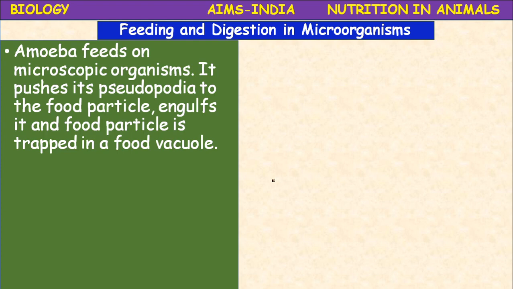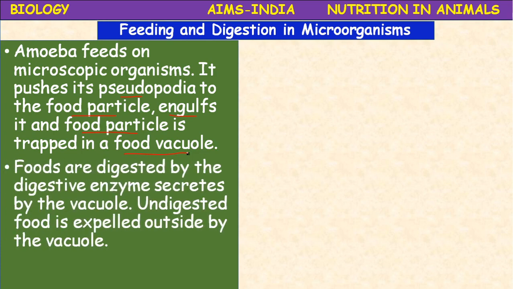It pushes its pseudopodia to the food particle, we call it prey, and engulfs it, and the food particle is trapped in a vacuole called food vacuole. The food is digested by the digestive enzymes which are secreted in the food vacuole, and the undigested food is expelled out by the vacuole.